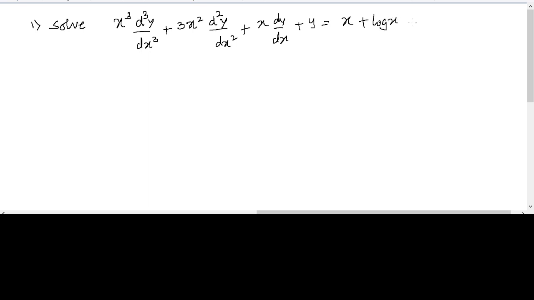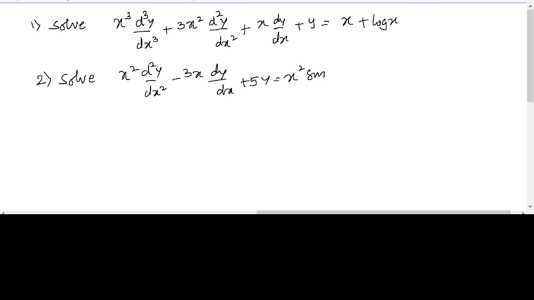This is the first problem we need to try, and one more problem is here. Solve x square d square y by dx square minus 3x dy by dx plus 5y is equal to x square into sine of log x. Okay, so try to solve these two problems using the same technique.